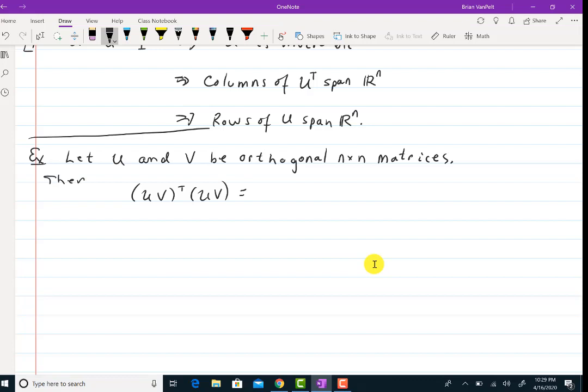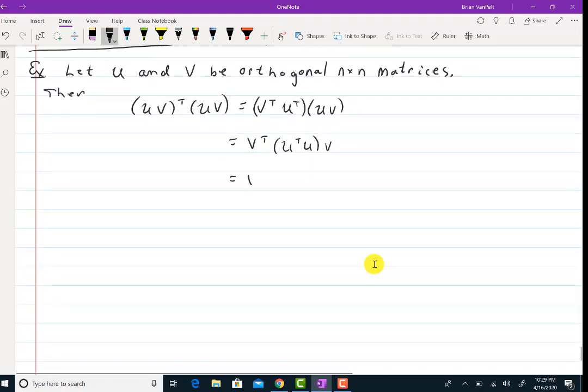Because of the way the transpose works, we have V transpose U transpose times UV, and we can associate V transpose times U transpose U times V. We know that that's V transpose I V, is V transpose V, which equals the identity matrix once again.